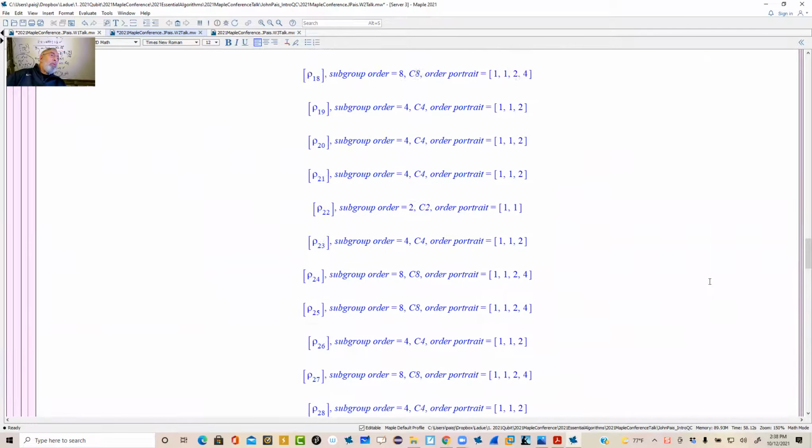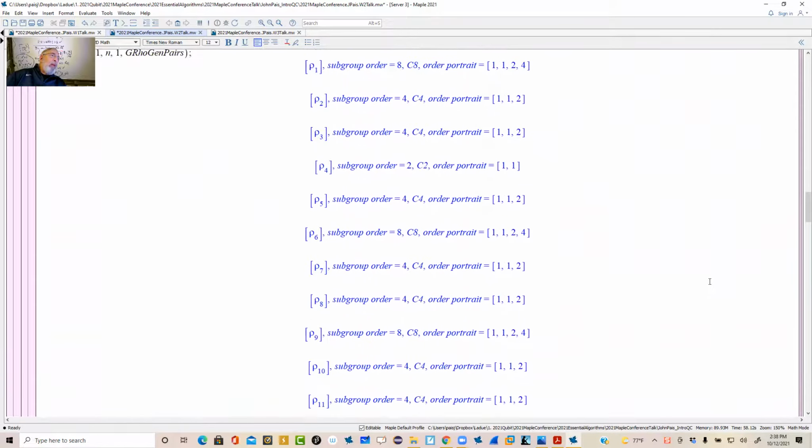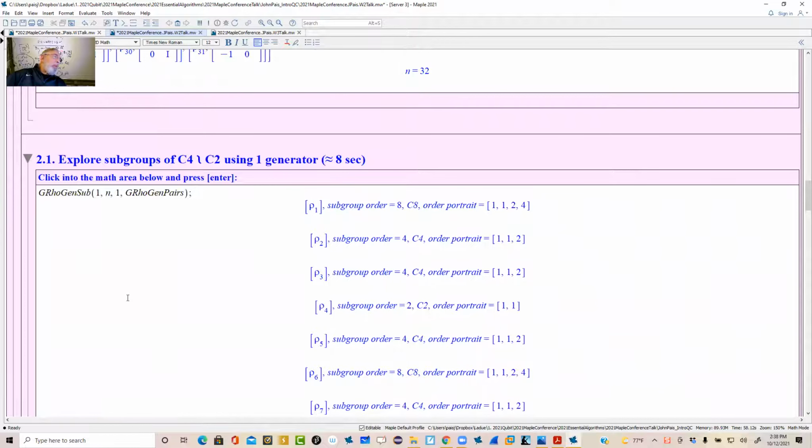One of the things that's interesting here is what's generated, and you do the same thing for two generators, et cetera. You end up getting the order of the generator you use and the order of the subgroup that you generated. You won't know the name when you're generating these for an unknown group, so that won't be printed out, but you will know the order portrait.